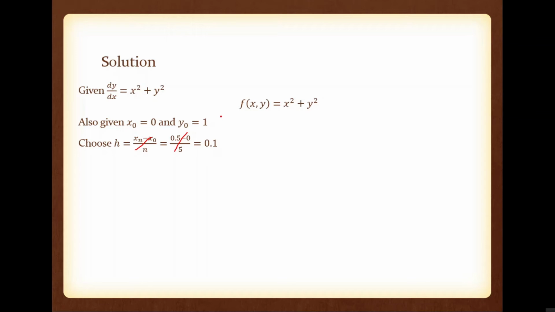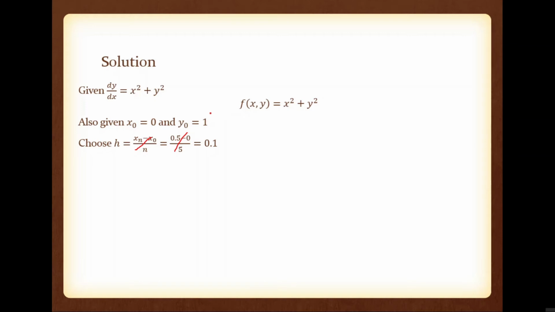So if you are asked to find n values, say 10 values, where the 10th value is 1, then how can you find h? xn minus x0 divided by n. Please note, total you have n plus 1 values.